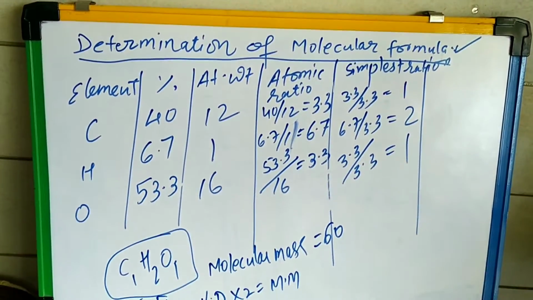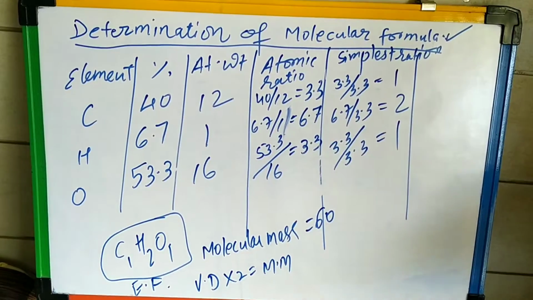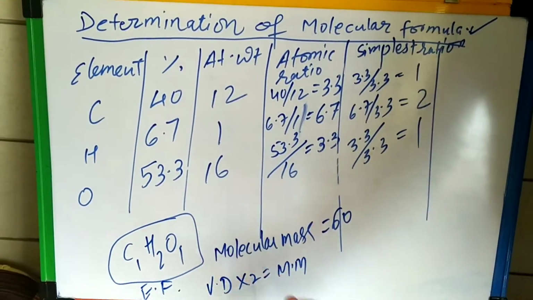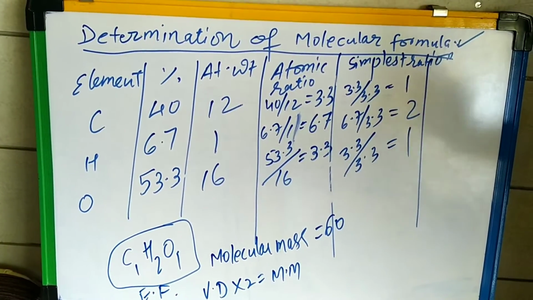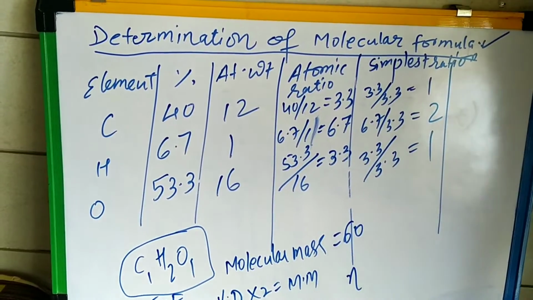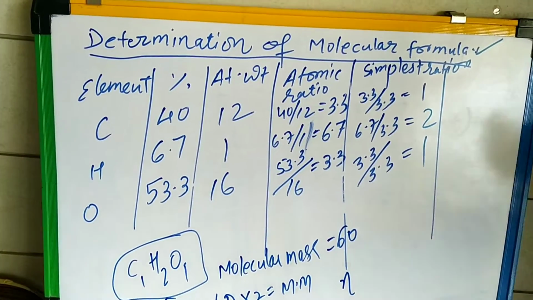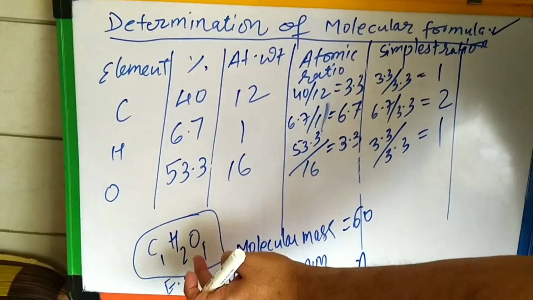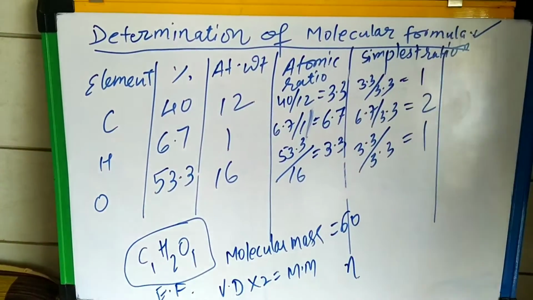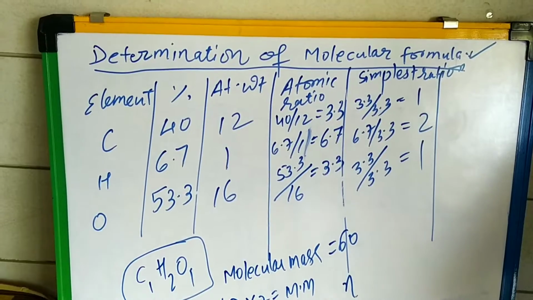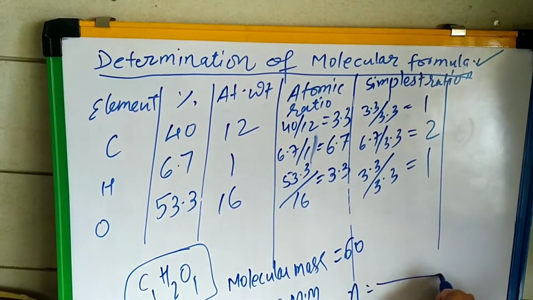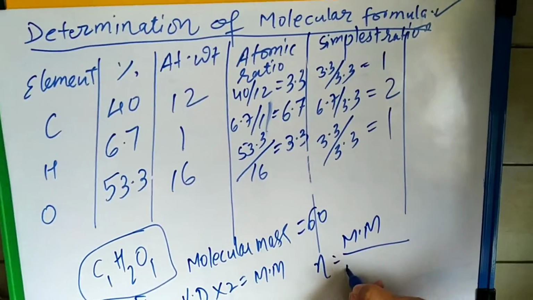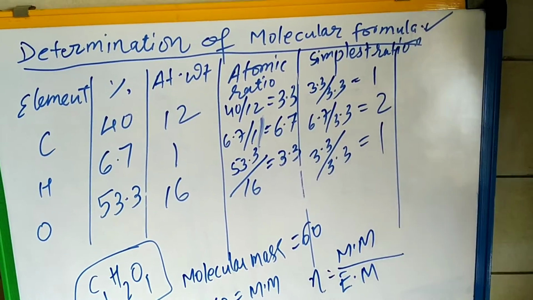Once you get the molecular mass either from Vd or directly, just find this n. What is the n? This is the simplest number by which you multiply the empirical formula, and you will get the molecular formula. The formula is: n means molecular mass divided by empirical mass.